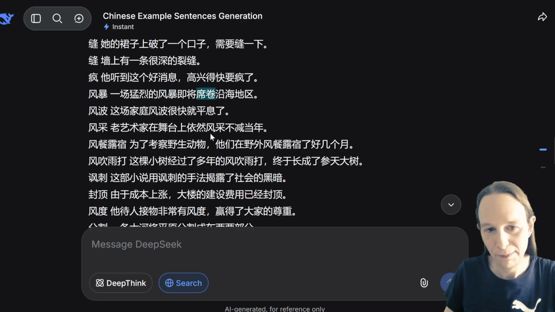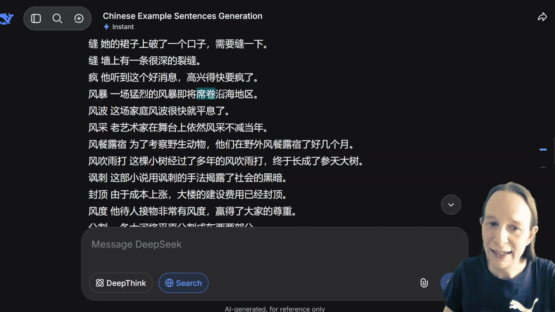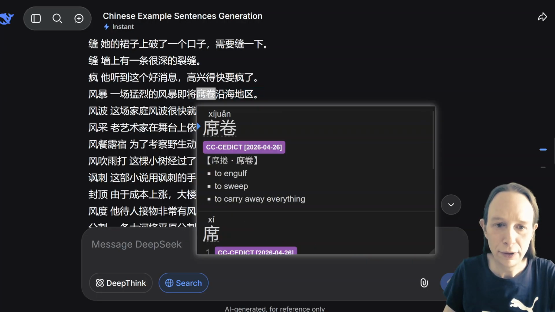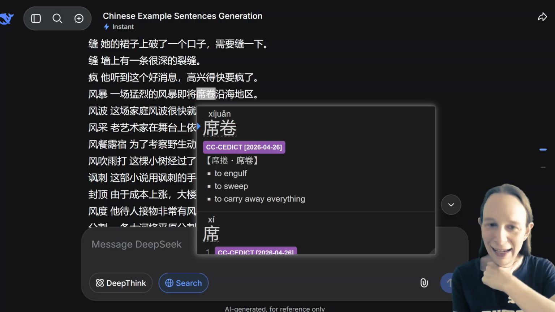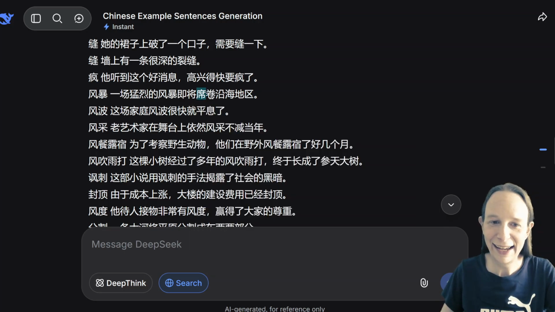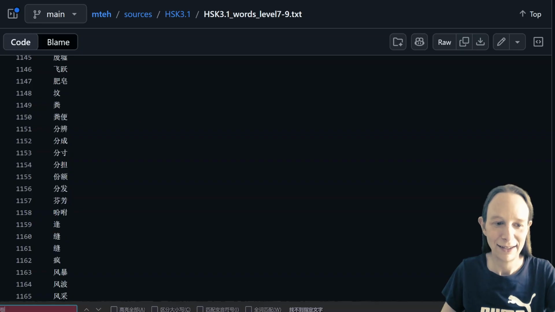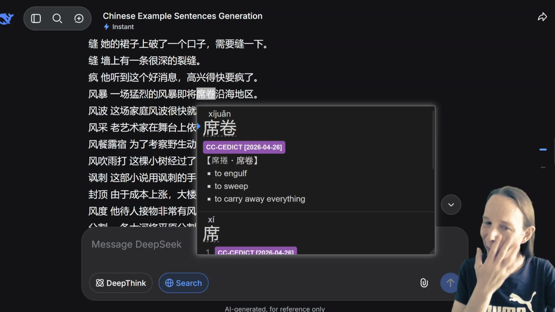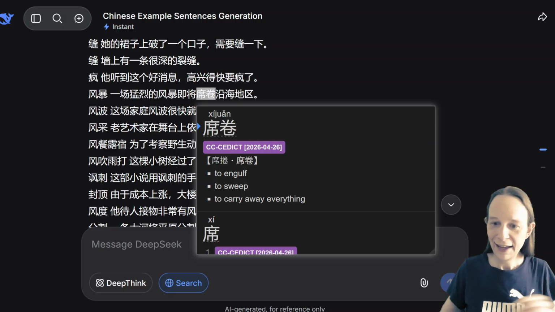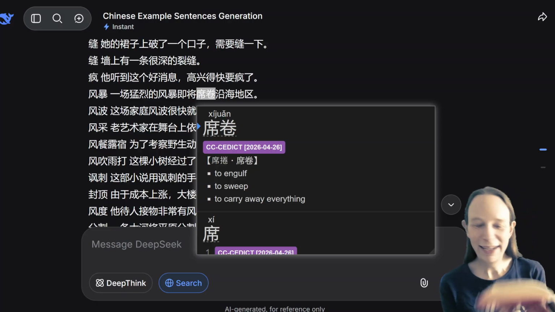一场猛烈的风暴即将席卷沿海地区. 席卷. That's a new word for me. I like it a lot. Maybe I have studied it. Is it an HSK word? Not on this list. 席卷. Yeah, engulf. I just flicked to the page 席卷 in the dictionary.